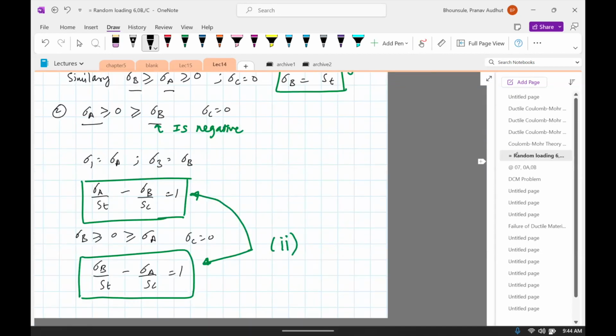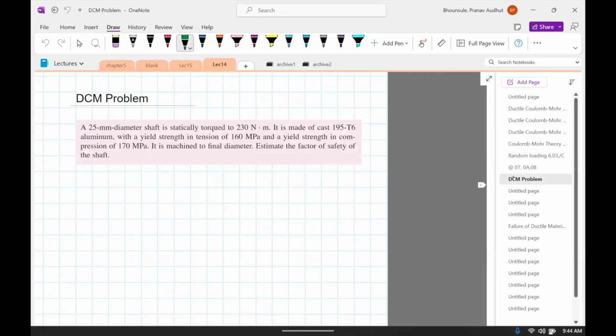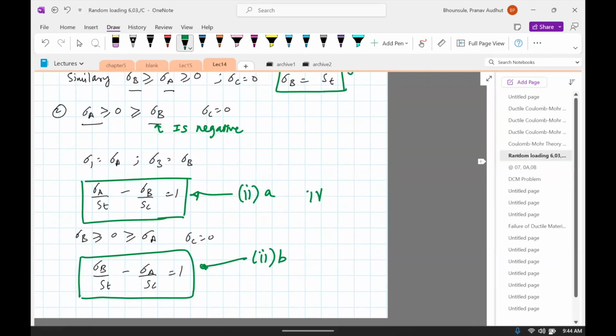Let me write these as 2A and 2B, so we'll differentiate. This, as we see, is 1, 2, 3, the fourth quadrant.